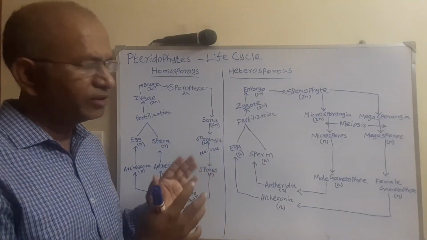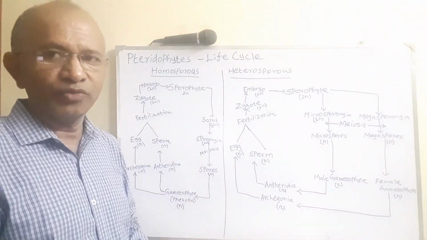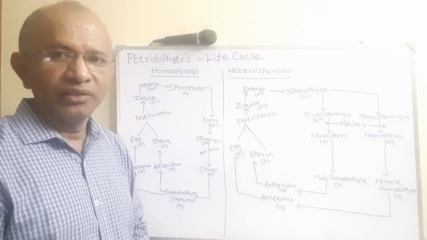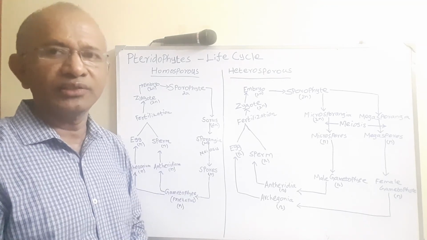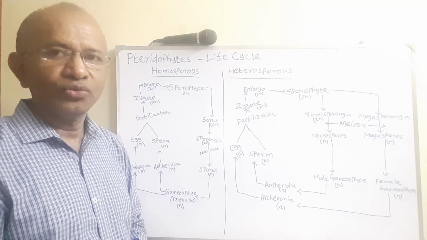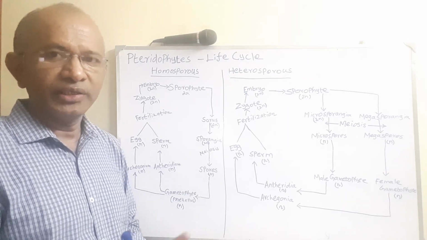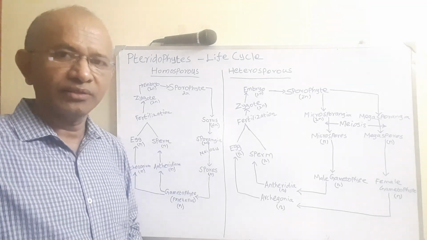Some words we already heard in our lower classes itself. You might have studied in Tamil medium or some of you might have studied in English. However, here we have to study and write only in English. So please kindly follow this. You can easily understand the life cycle of pteridophytes. Thank you.